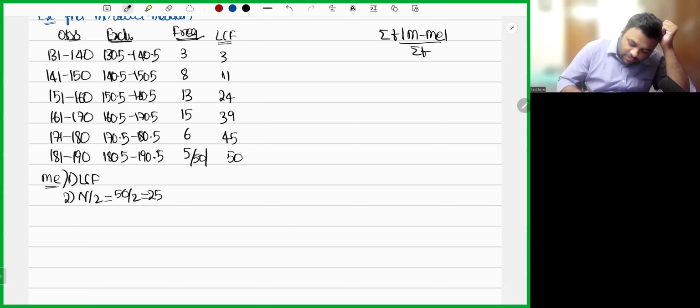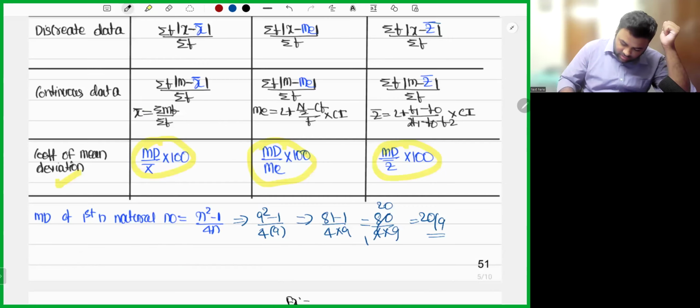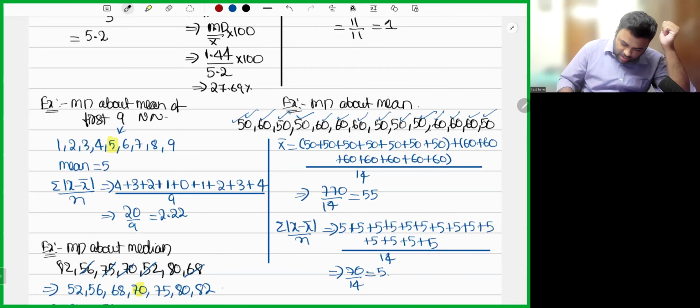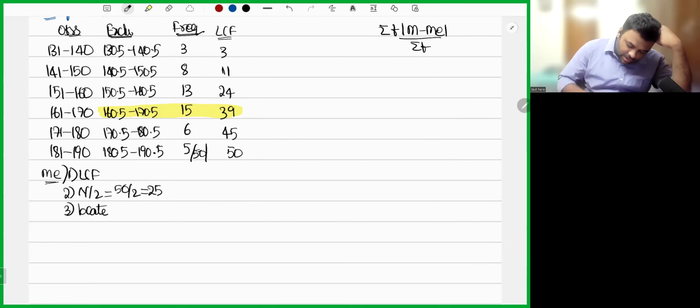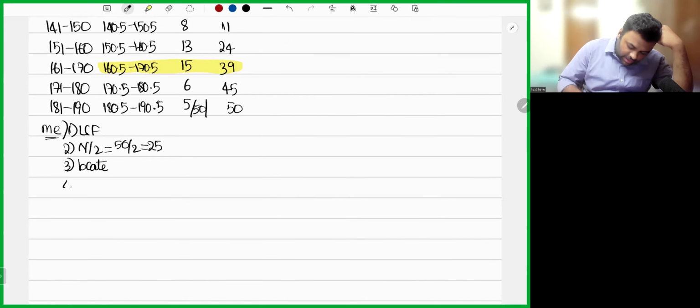So locate 25 in the LCF; it is somewhere around here. Third point, you will locate the median class. I located it. Fourth point, you will apply the formula: L plus n by 2 minus CF divided by f into class interval.